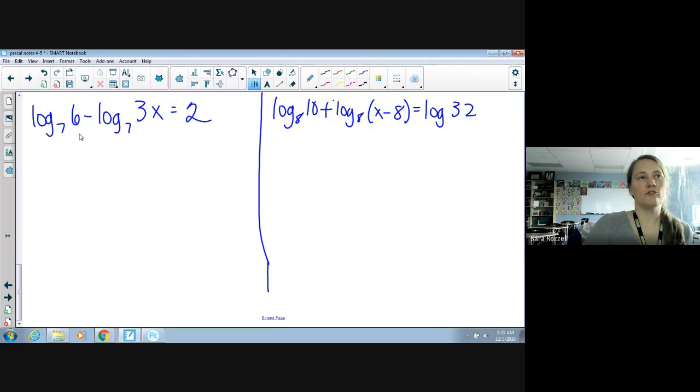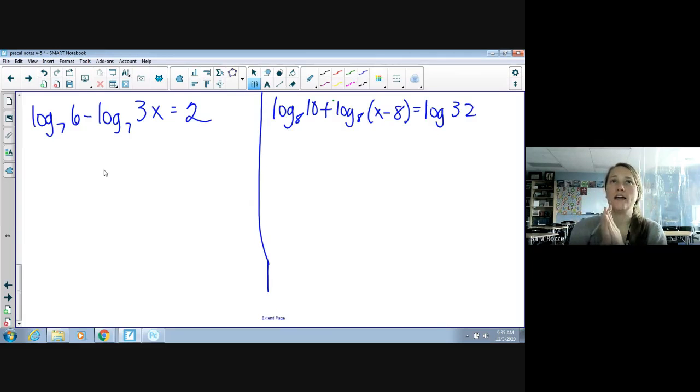Okay, sometimes before we can rewrite something as an exponent or solve a log equation, we have to condense logarithms together because you can't solve it if you've got 2 logs on one side. So you have to remember what a minus between a log means and what a plus between 2 logs means. If I've got a log minus a log, minus translates into divide, right?